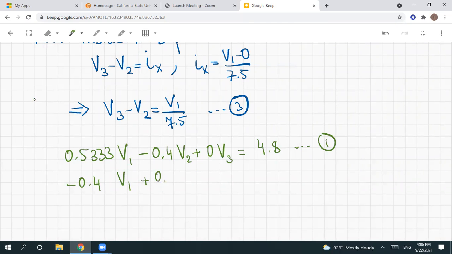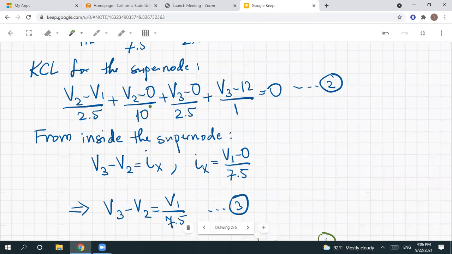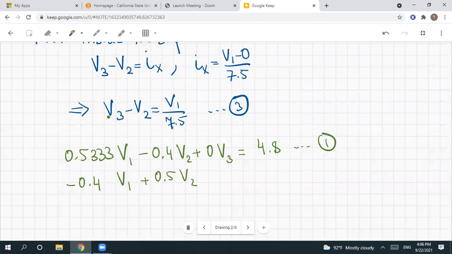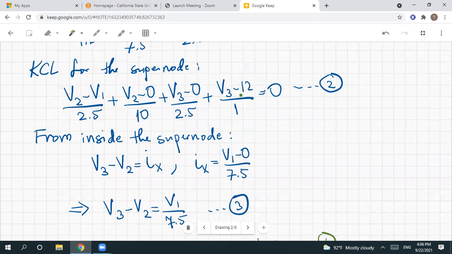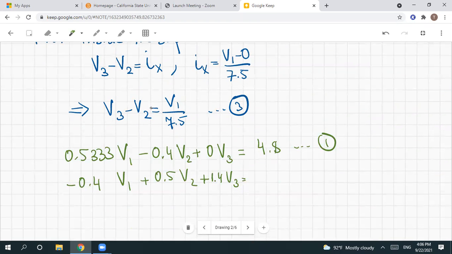So the total is 0.5 V2. And for V3, I will have 1 over 2.5 plus 1 over 1, so it will be 1.4 V3. And this will be equal to this number, which is 12 over 1. It has negative sign. If I take it to the other side of the equation, it will be positive 12. So this is the second equation.